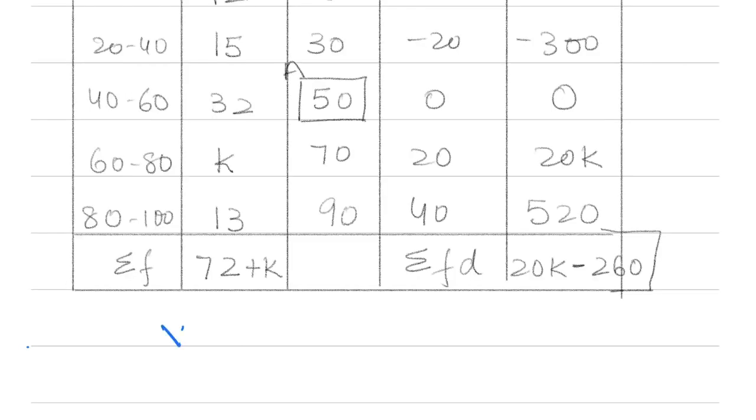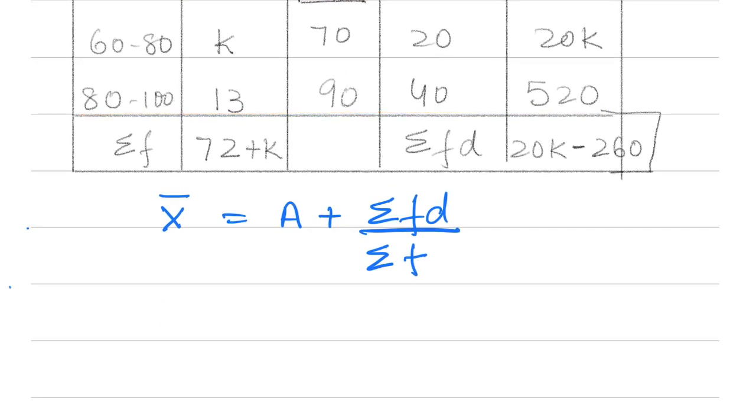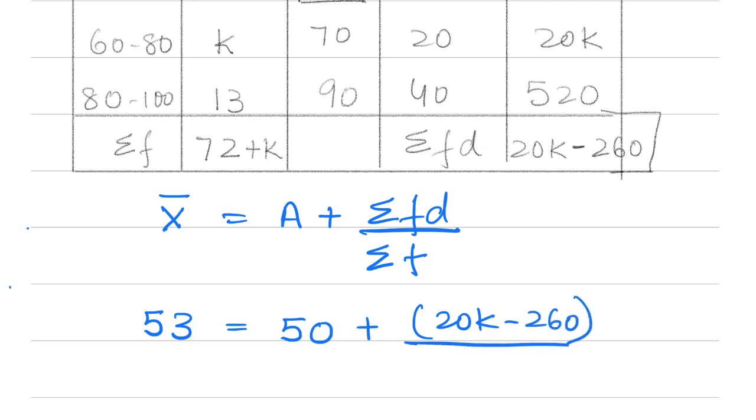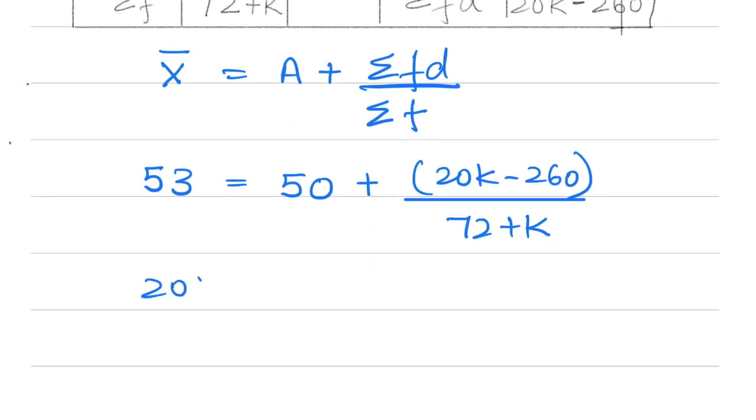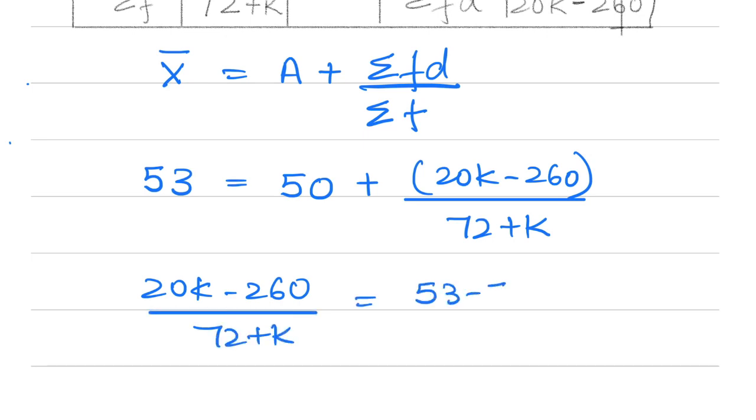We can find out the mean by the formula assumed mean plus sum of FD values divided by sum of frequencies. And we are given the mean as 53, assumed mean is 50, and this is 20K minus 260 divided by 72 plus K. Now 20K minus 260 divided by 72 plus K is equal to 53 minus 50.